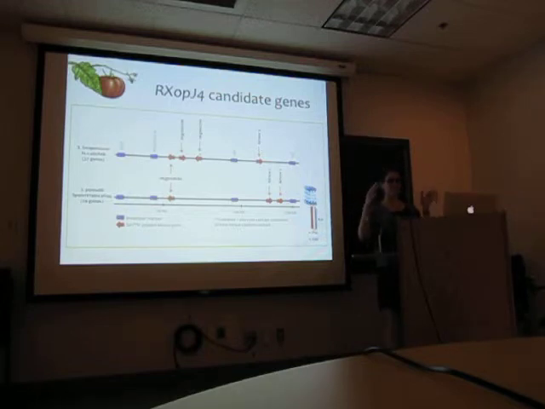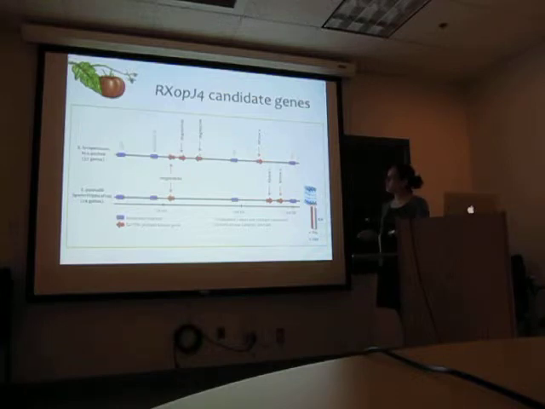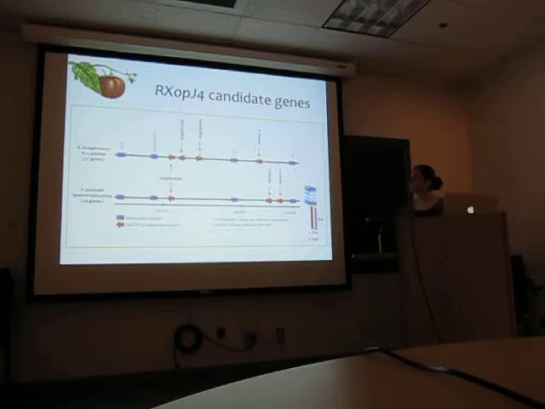By the time we had narrowed the locus down to 190 kb, I had this sequence, which was wonderful. And you can see here the purple boxes are our genetic markers, and then there were around 30 genes in this region in both species, and the only things that looked like disease resistance proteins looked like one of these intracellular kinases.